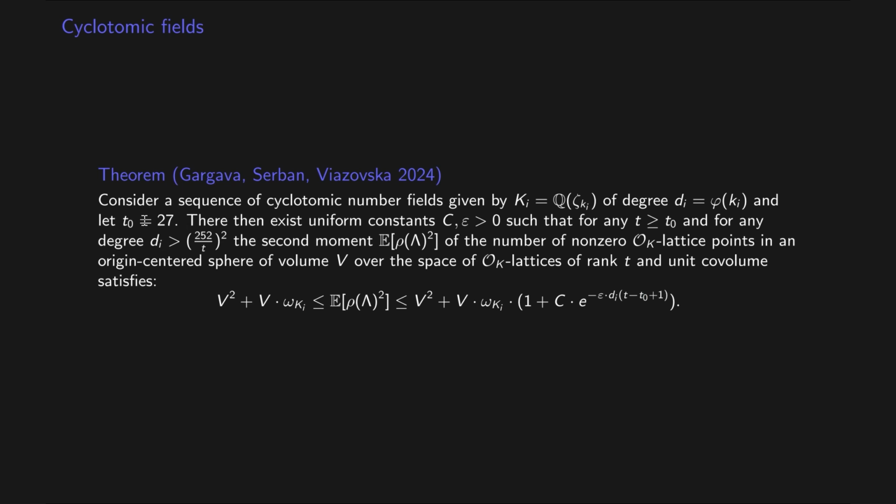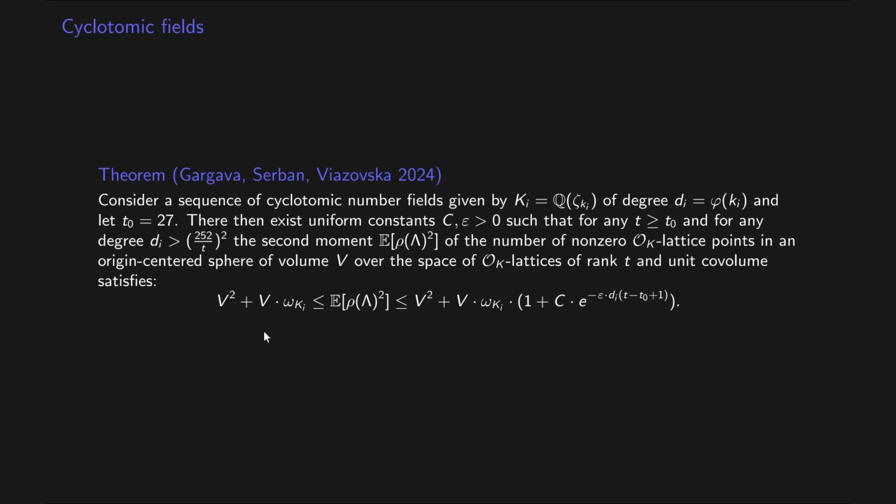So here 27 is okay. I think now we worked on improving 27 and now we are almost done. So 27 should be something smaller, ideally 3, but now it's like 8. And then if we fix this rank and go over our sequence of cyclotomic fields, then, for example, the second moment for the number of points of the OK lattice will be very close to what we should get.